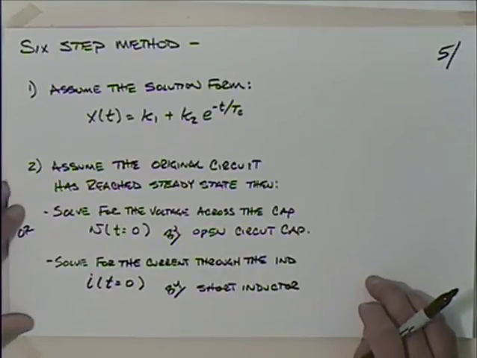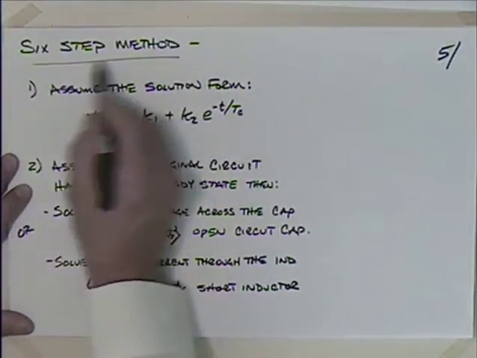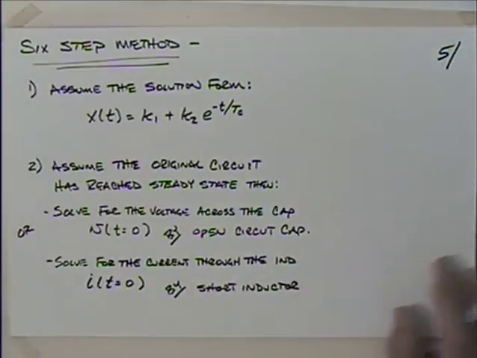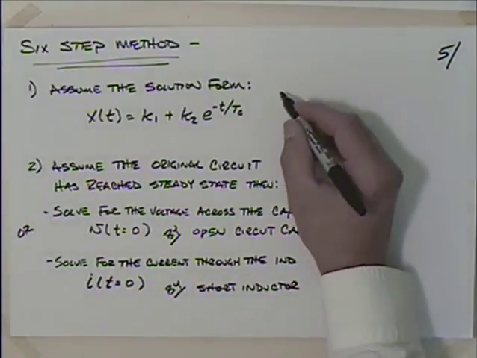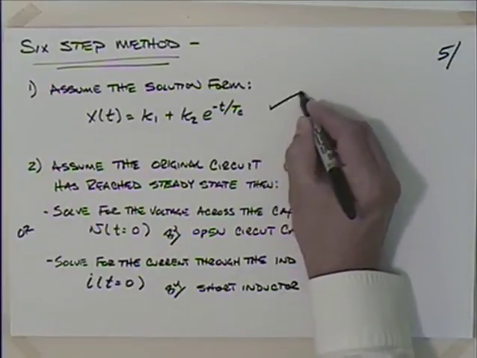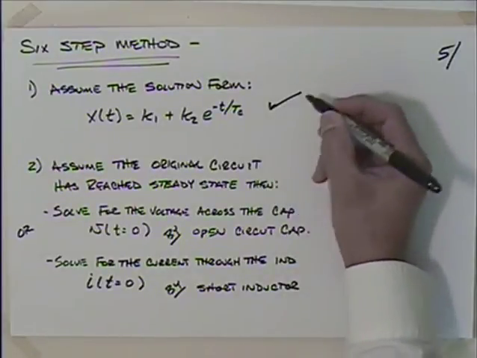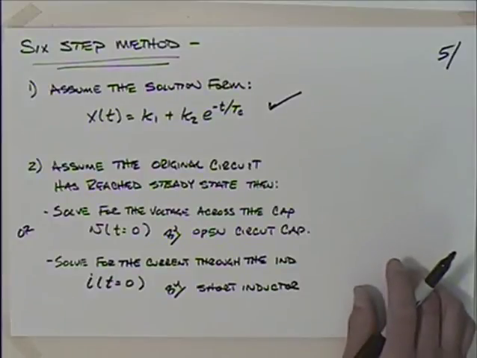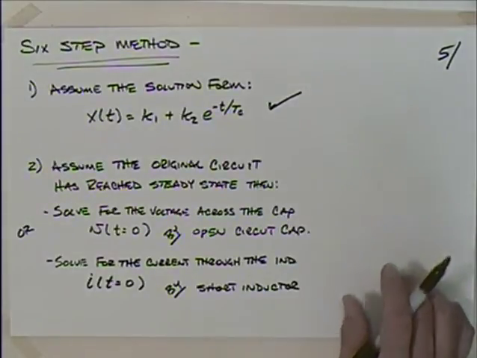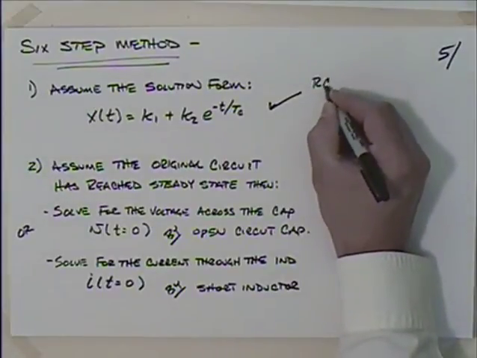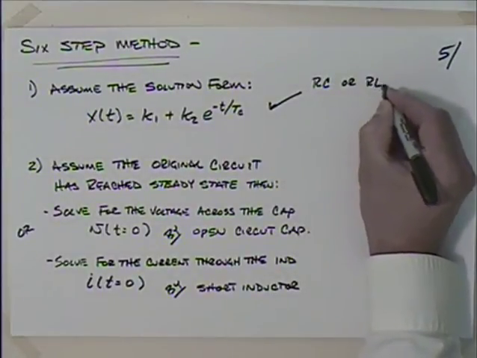So our six-step method, if you go through your author, many authors in this area have this methodology. The first step is to assume the solution form. There's our solution form that we came up with a few minutes ago, x1 plus x2 e to the minus t over the time constant. And what are some requirements for that? It has to be an RC or an RL circuit.